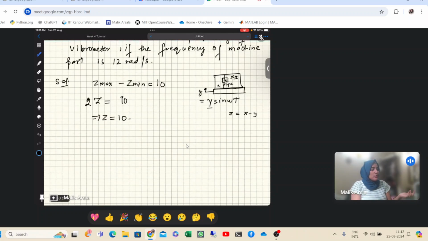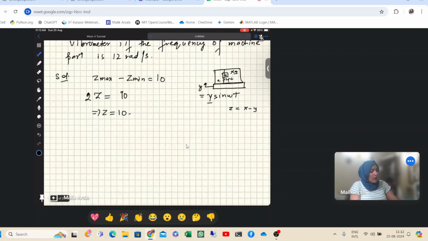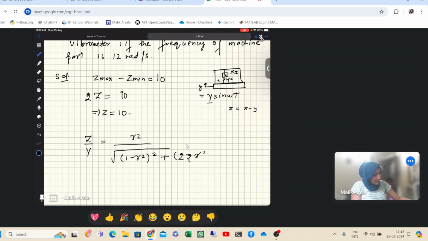So it's simple. We know the formula for the response of this system. It's similar to how we found the response for the excitation of the base. So here we can put it like this. You know the formula: z upon y is equal to r square upon under root of (1 minus r square) whole square plus (2 zeta r) whole square.